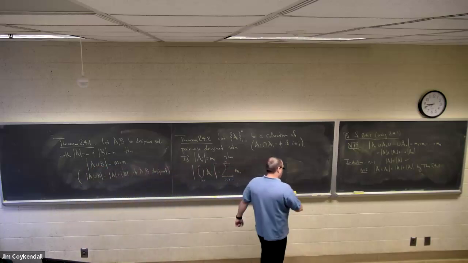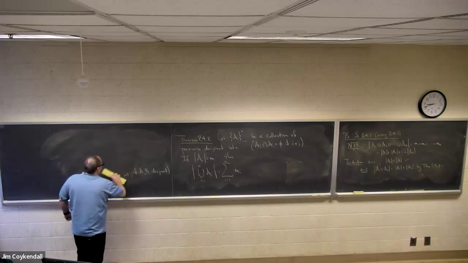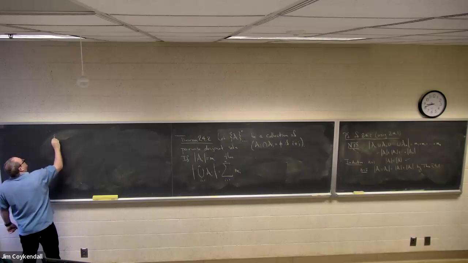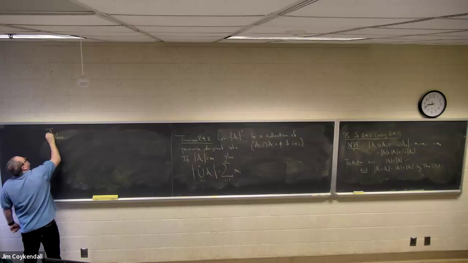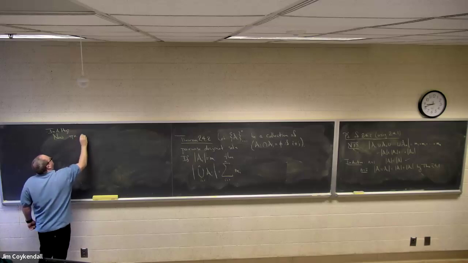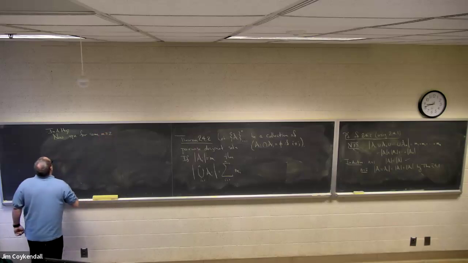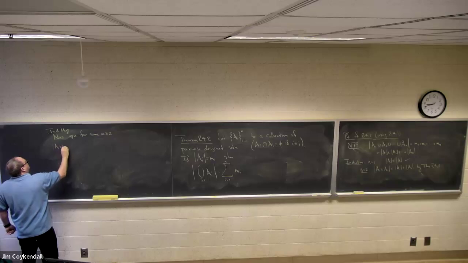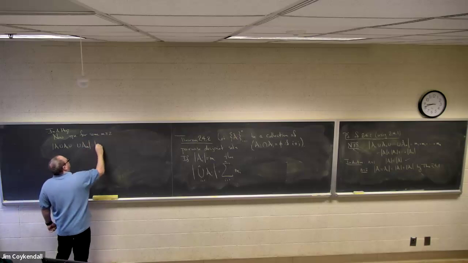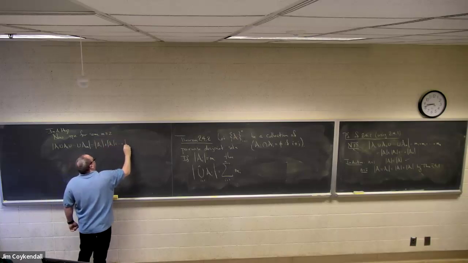But now, let's do our inductive hypothesis here. Now suppose for some m greater than or equal to 2, we have that the size of A1 union A2 union through Am equals the size of A1 plus the size of A2 plus through the size of Am.